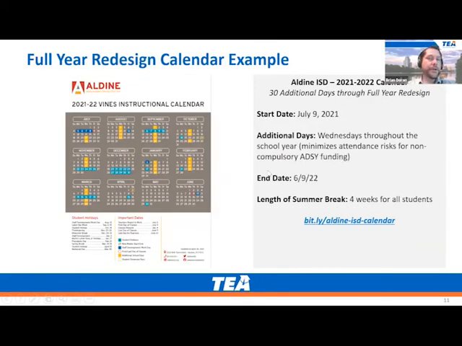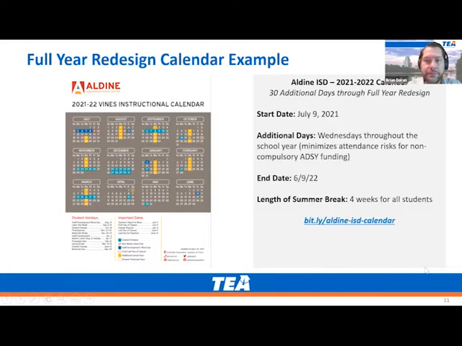And then finally, a full year redesign example. This is from Aldine ISD. They have 2 campuses implementing a full year redesign this year in 21-22. They're looking to add 30 additional days, and their start date is July 9th, 21. They have done a strategic placement of ADSY days on Wednesdays throughout the course of the calendar year.